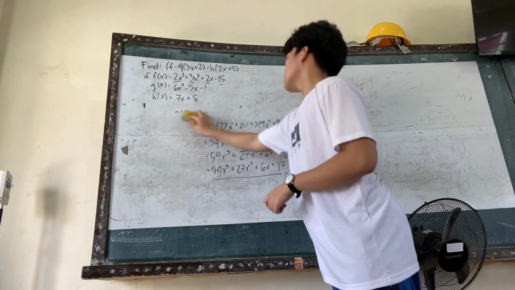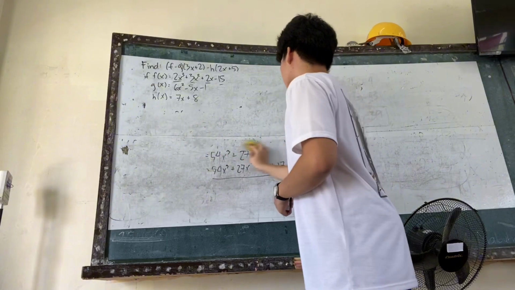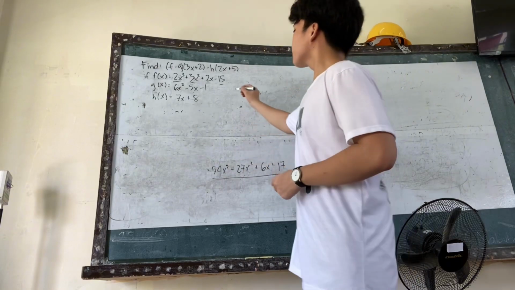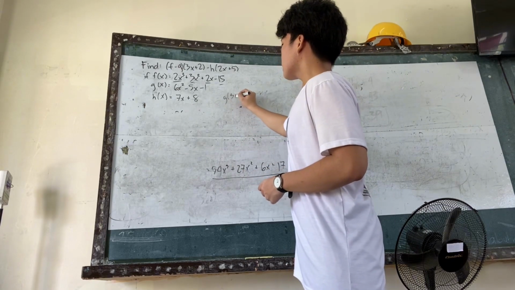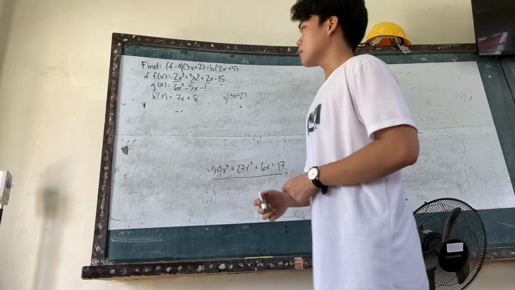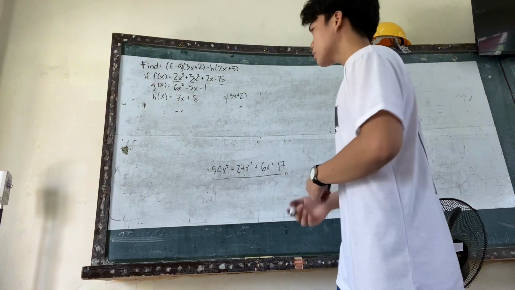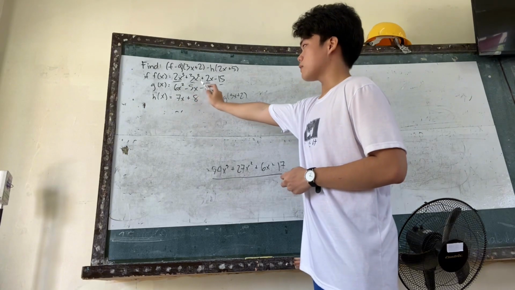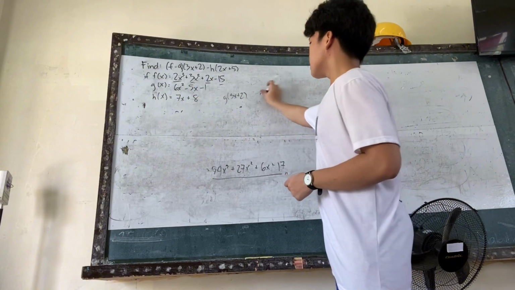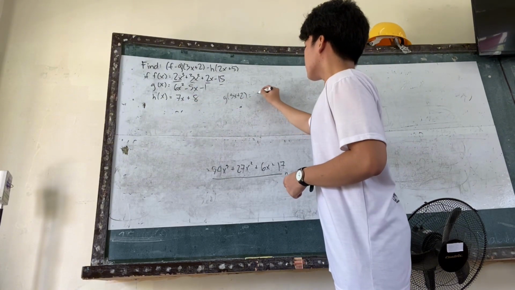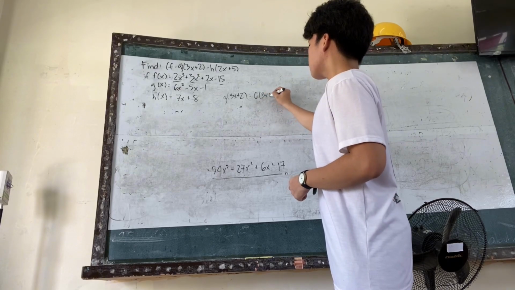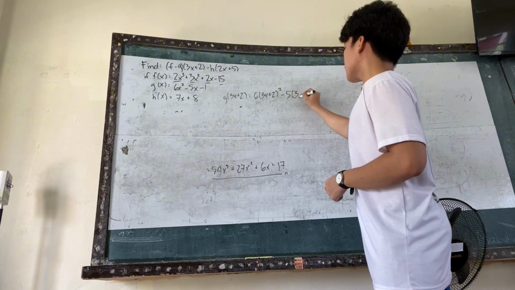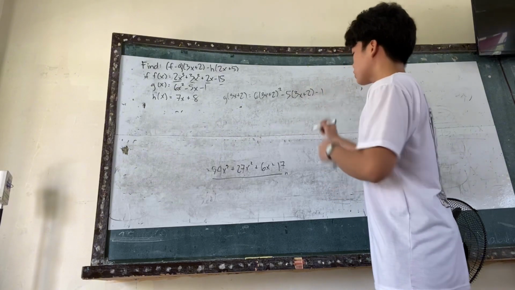So the next thing we are going to solve and find is the value of g(3x + 2). Let us substitute. Our g(x) is equal to 6x² − 5x − 1. That is simply 6 times (3x + 2)² minus 5 times (3x + 2) minus 1.